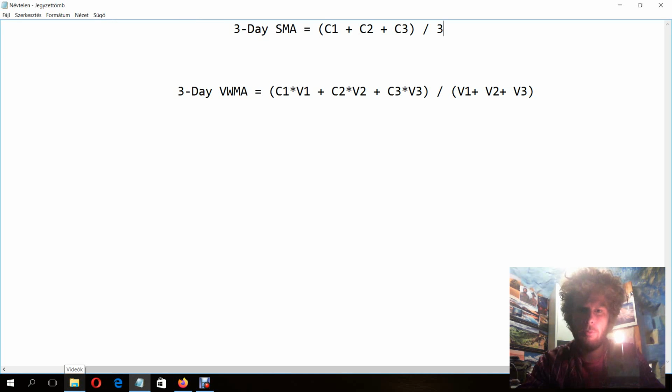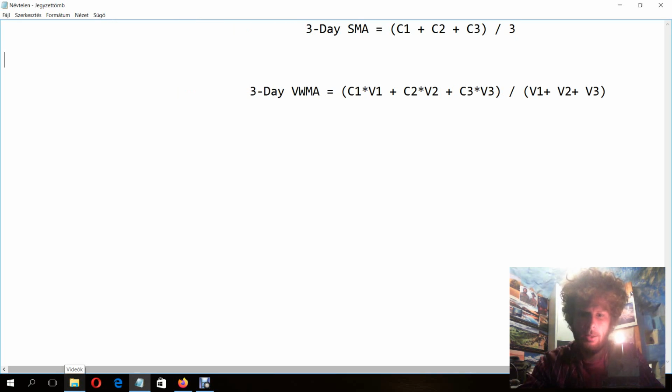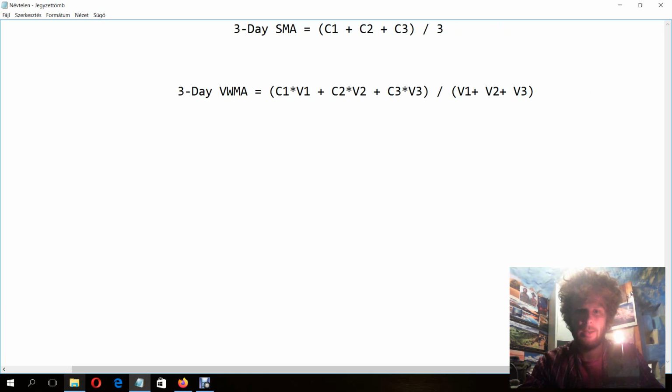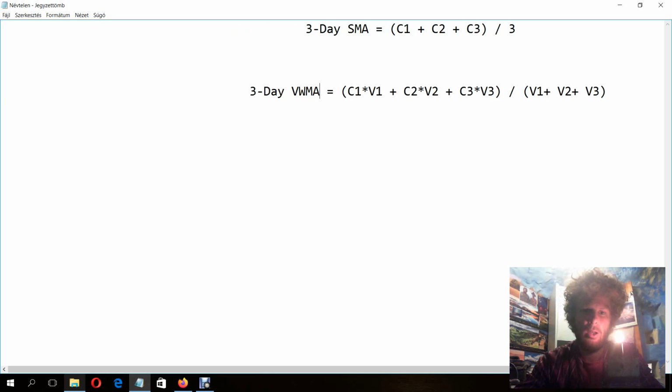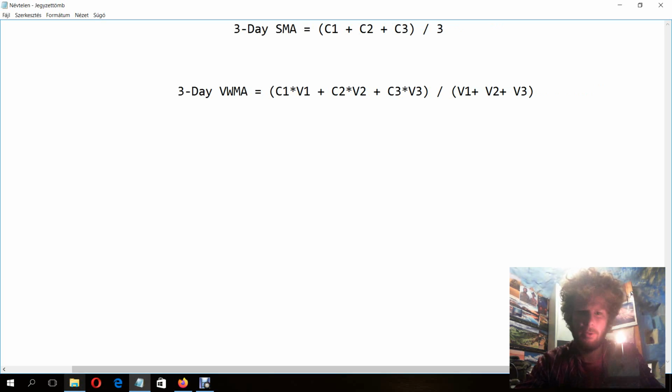Here is the formula of a 3-day simple moving average, and as you see, it gives the same weight to each closing price. So it is just a simple moving average. But if you look at the volume weighted moving average, you can see that it actually gives a different weight to each closing price based on the volume of the certain period.